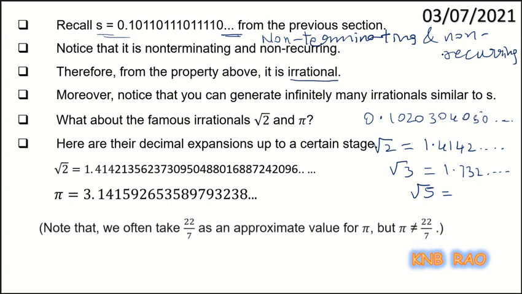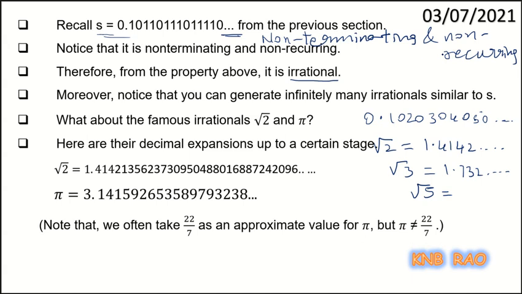Note that we often take 22/7 as an approximate value of pi. Remember, 22/7 is an approximate value of pi. Pi is not at all equal to 22/7. If someone asks you why, what do you say? You are supposed to say that pi is an irrational number, and 22/7 is a rational number.